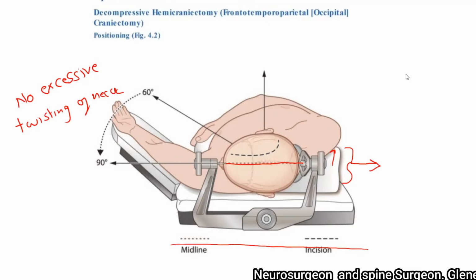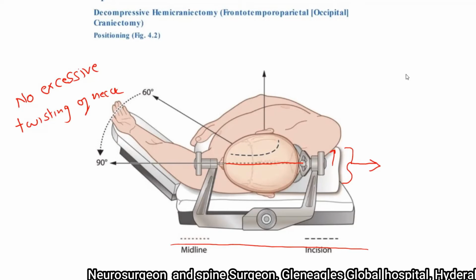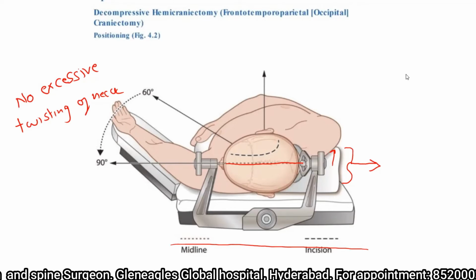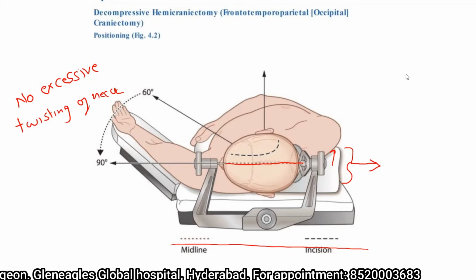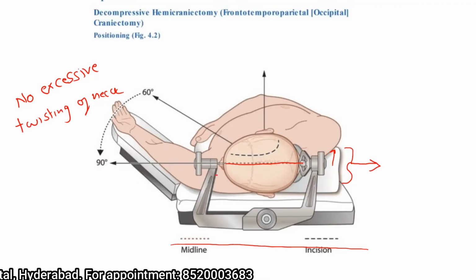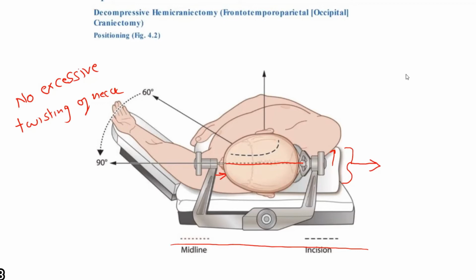Second important point, how do you place the 3 pins of the 3-pin headrest? I usually place the single pin on the frontal side and 2 pins on the occipital side. Not exactly as shown in the picture. I place the single pin on the frontal side on the contralateral mid-pupillary line, somewhere over here. I ensure that I place it at least an inch above the supraorbital ridge.